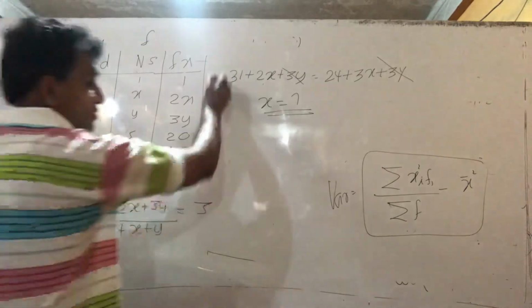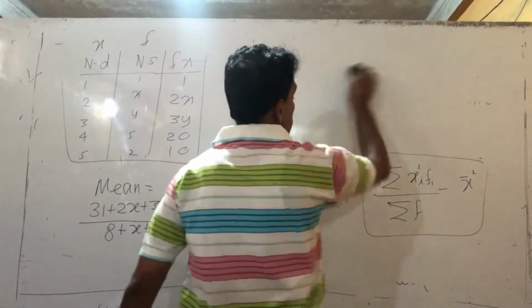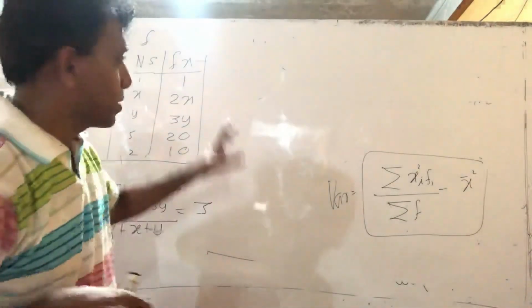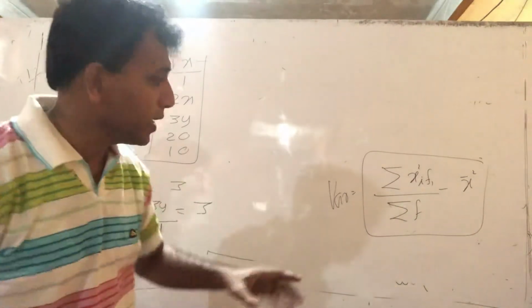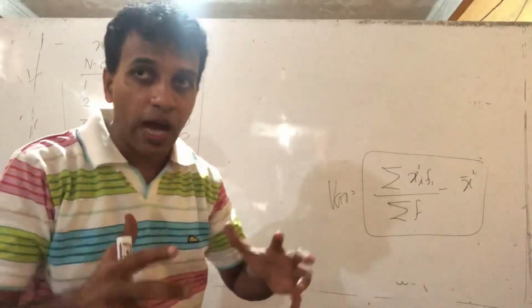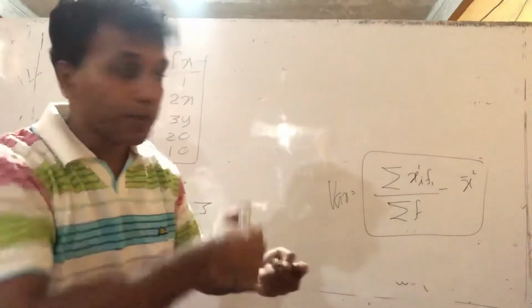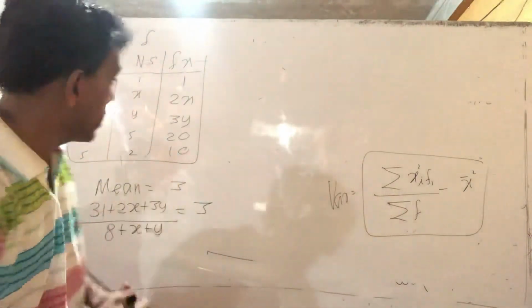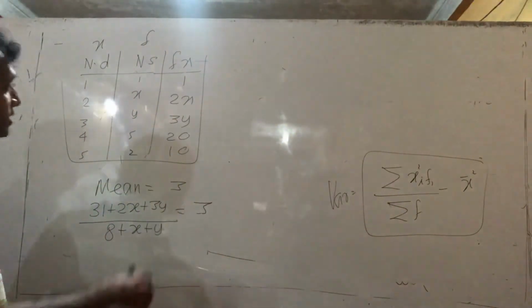Can I use this formula? You can prepare a table, or otherwise find each and every number, square it, and multiply it with the corresponding frequency. Now I know x is 7.